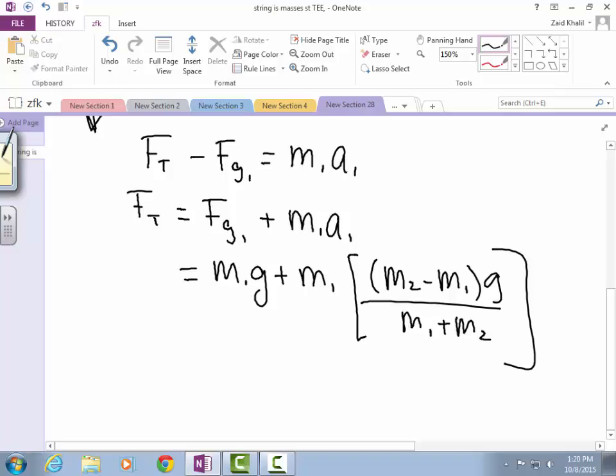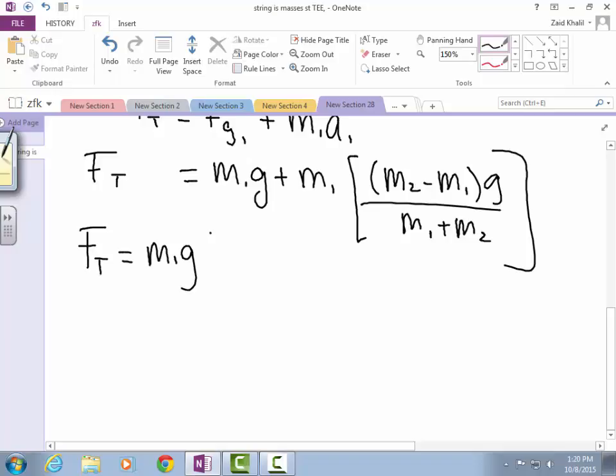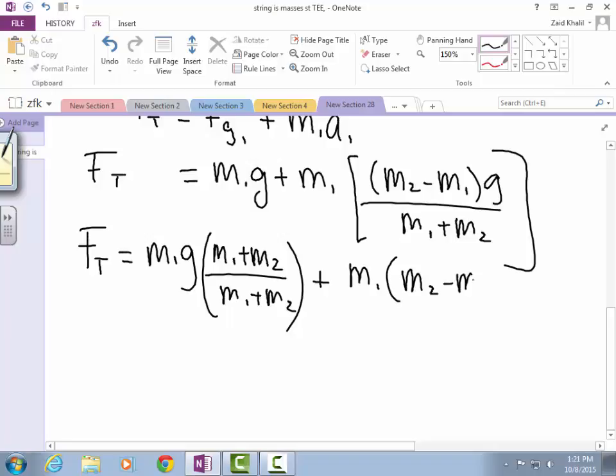Guess what I'm going to need to do? Common denominator. What's going to be the common denominator here? M1 plus M2. So we have Ft equals M1g times M1 plus M2 over M1 plus M2, plus M1 times M2 minus M1 times g over M1 plus M2.